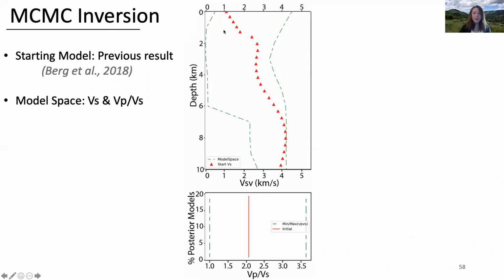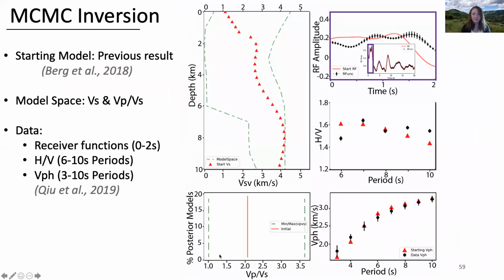I have shown our starting model in both spaces in red, and we use the Brocher empirical formulas to have a first guess estimate of VP-VS from the average VS in the top linear layer. Our data includes the first 2 seconds, which are outlined in purple here, of the receiver function, and the shorter periods of the HRV shown as period versus HRV, and phase velocity shown as period versus phase velocity. Our data is shown in black and the starting model in red.